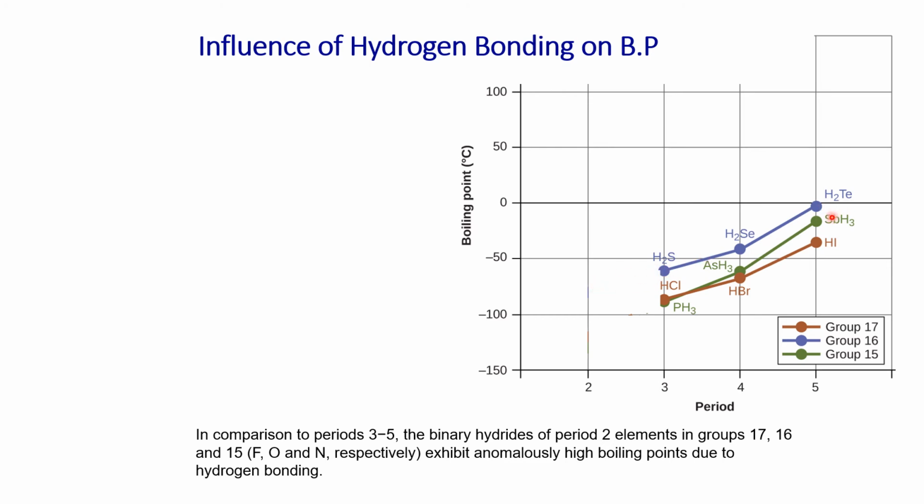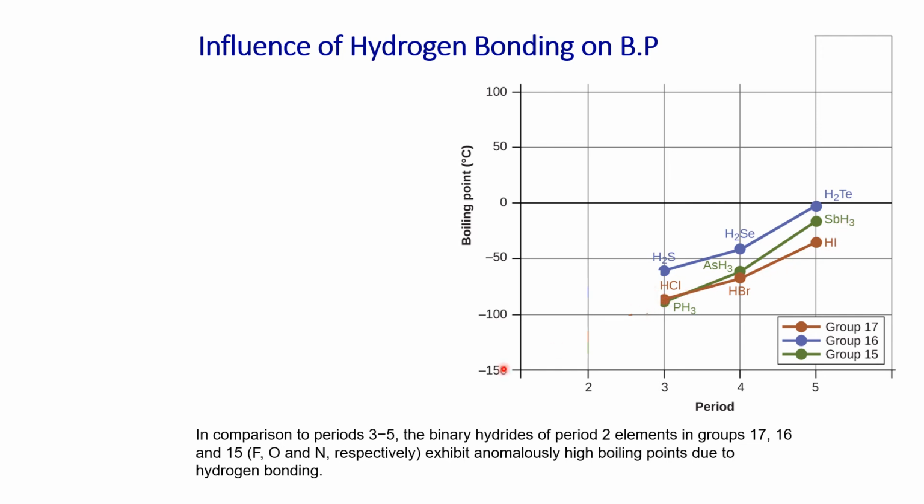And then let's do the same thing with antimony, arsenic, phosphorus, and right above that would be nitrogen, NH3. So following this graph, where would you expect the boiling point to be? We can do the same with the red one.